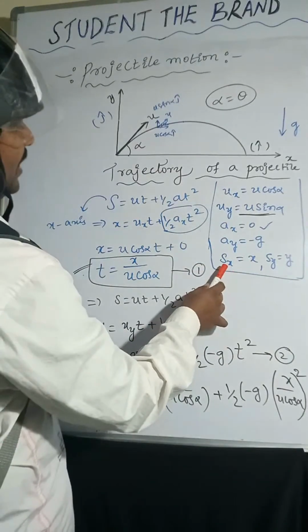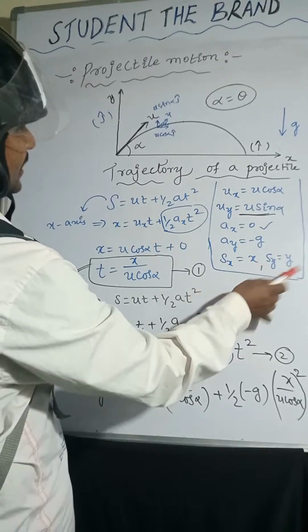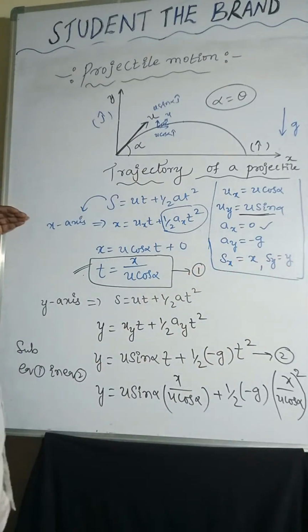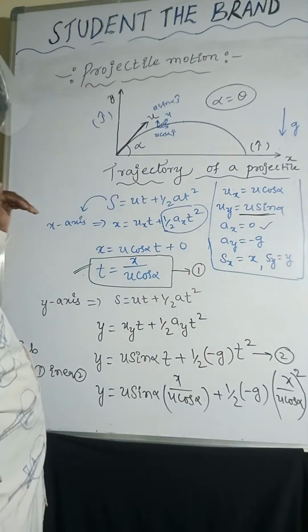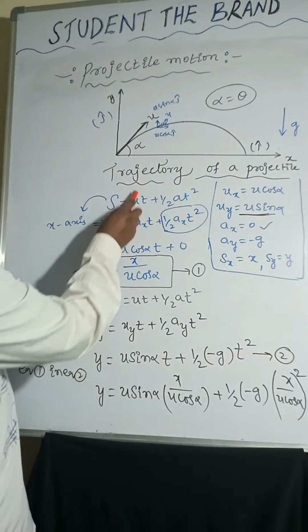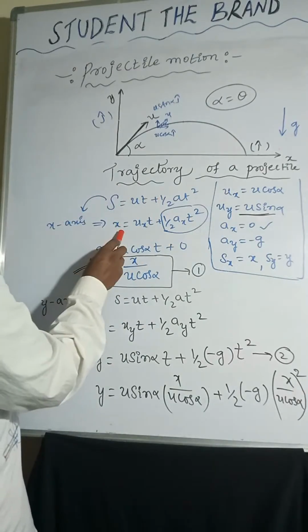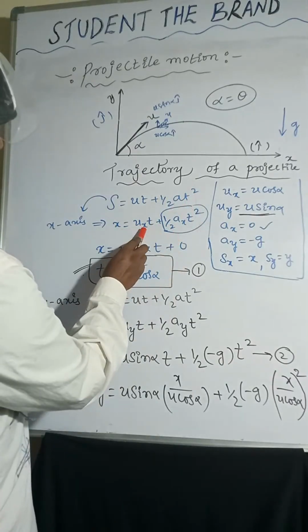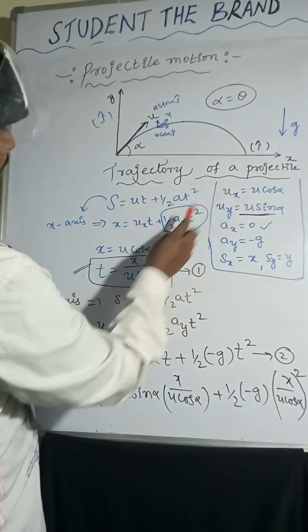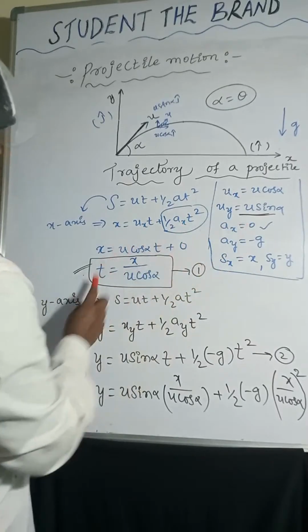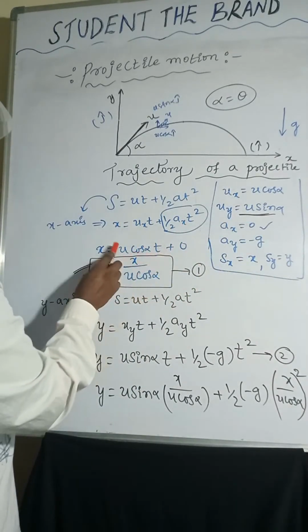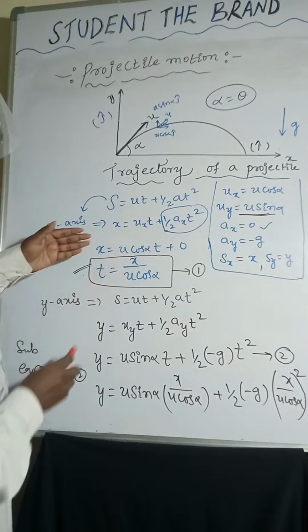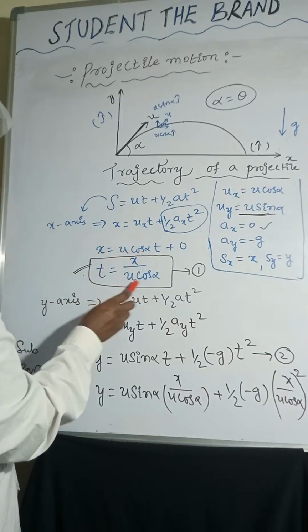Along the x-axis, x equal to ux t plus half ax t square, where ux equal to u cos alpha and ax equal to 0. So t equal to x by u cos alpha, equation 1.